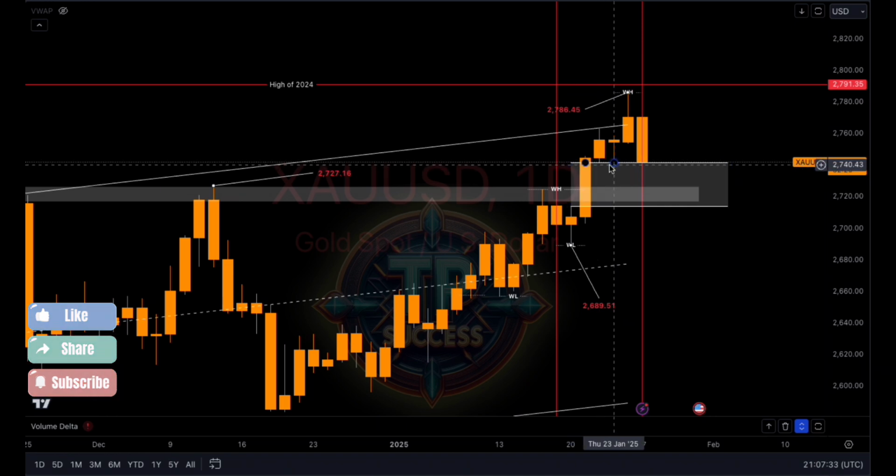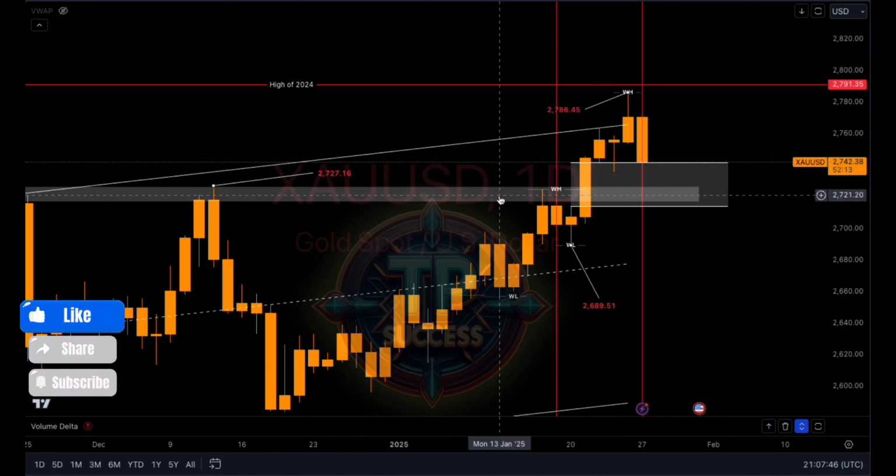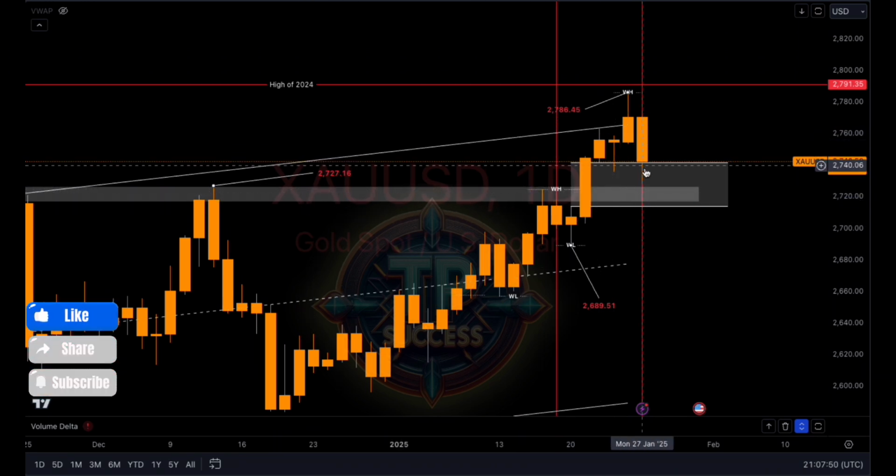Price went into this FVG on Thursday, the 23rd of Jan, and it's now gone back into it again today. So I'm expecting it to bounce. Also, this level right here is a key resistance level that price has now broken into, and I want to see if this turns into a support.